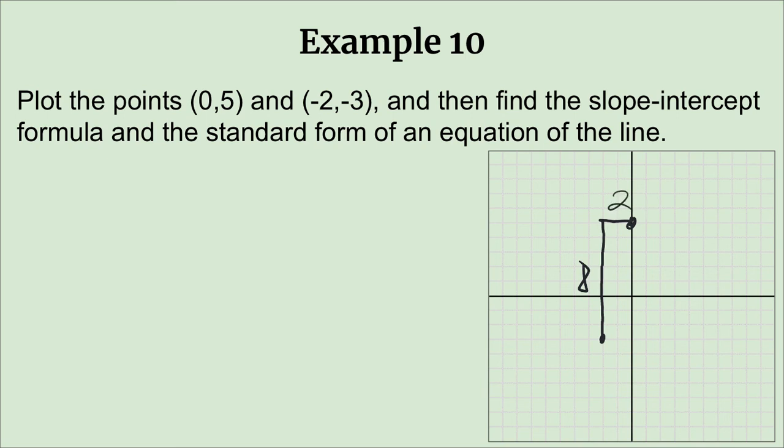Let's change that. So our slope is m equals 8 over 2, which equals 4. Our y-intercept is 1, 2, 3, 4, 5. So we got y equals 4x plus 5.